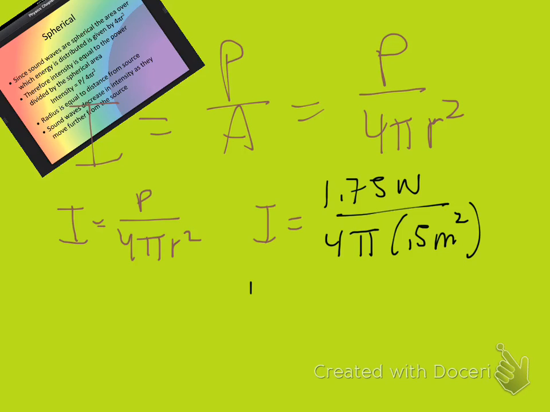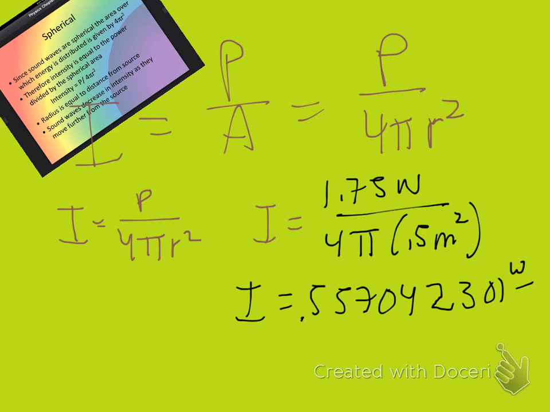That gives us an answer of 0.557042301 watts per meter squared. Whoever wrote this problem only gave you 1 sig fig, so I is equal to 0.6 watts per meter squared. Okay, fantastic.